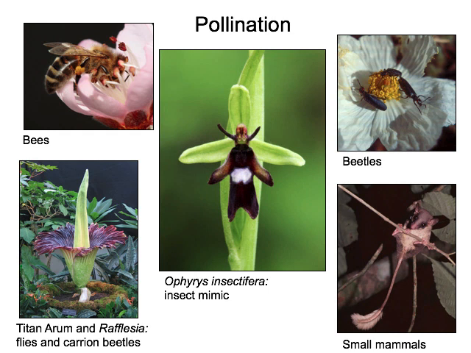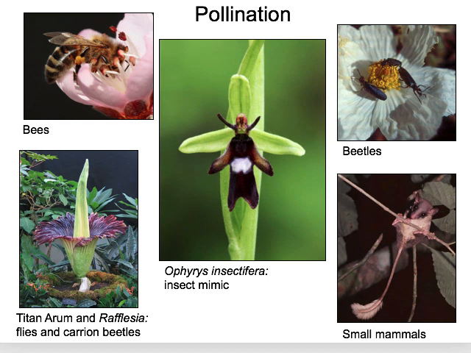Now, in some cases, small mammals, such as this shrew, will pollinate flowers. This pen-tailed shrew is an interesting story because it pollinates a type of palm tree that grows in Malaysia. And even though we call it a shrew, it's actually a small type of primate.